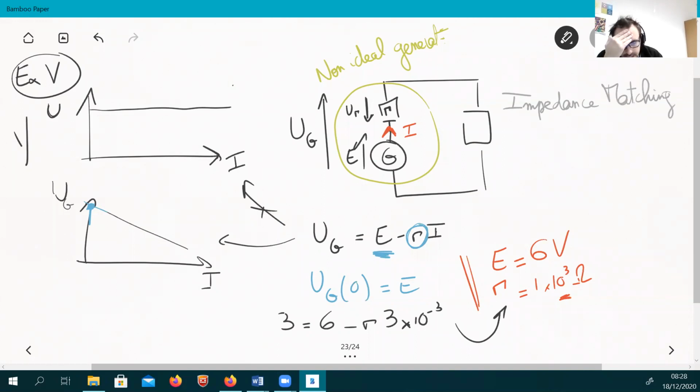Why? Because the idea behind this circuit is that you have a resistor that you can move, that you can change, and the idea here is to have through this resistor the maximum of power.